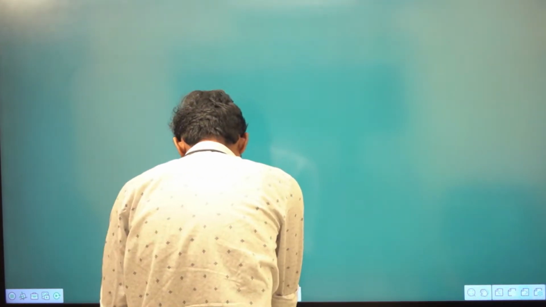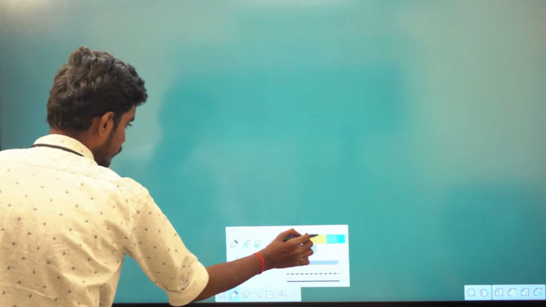Okay, so we'll do one more problem based on the same cube, to verify Gauss divergence theorem.